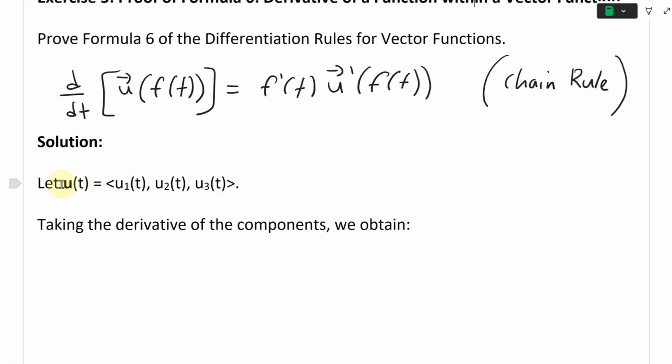Solution: let u of t equal this vector function with components u1 of t, u2 of t, and u3 of t.